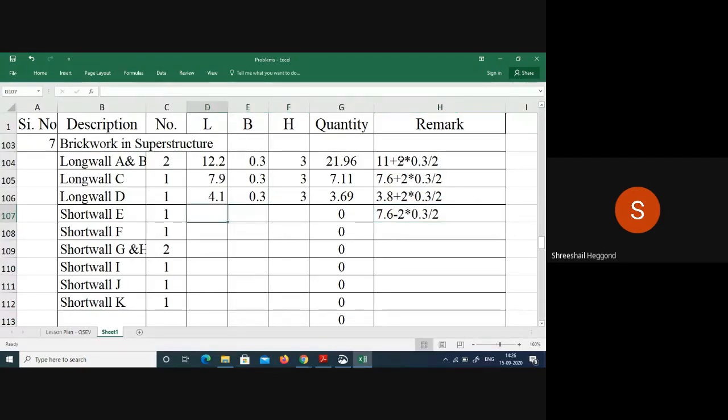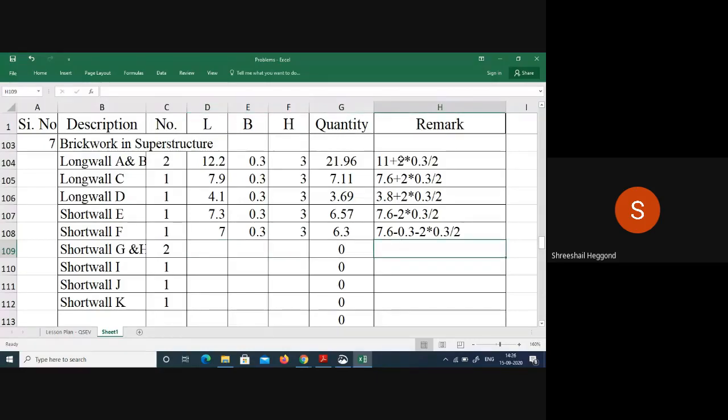That would be 7.3, 0.3 and 3. And next, 7.6 is center to center length for F wall minus 0.3 you have to deduct because of intermediate wall, and 2 into 0.3 divided by 2. That would be 7 meter, 0.3 and 3 meter.